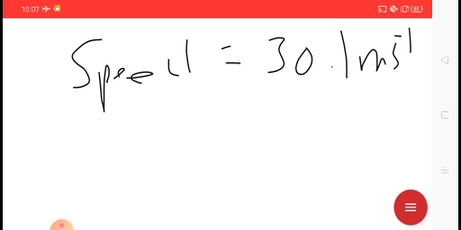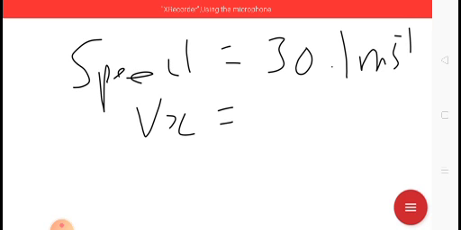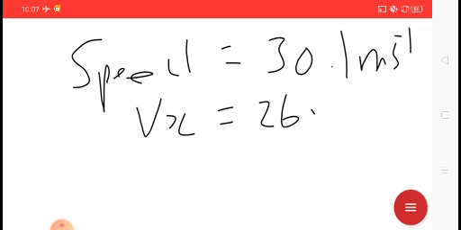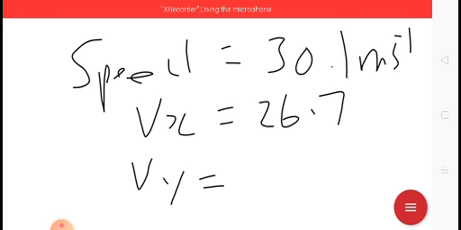Right. D, the direction in which the baseball is traveling after 6 seconds. Just now, if you calculate, Vx should be equal to 26.7 something like that, and Vy will be equal to negative.